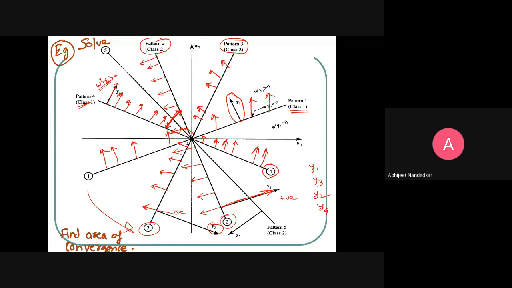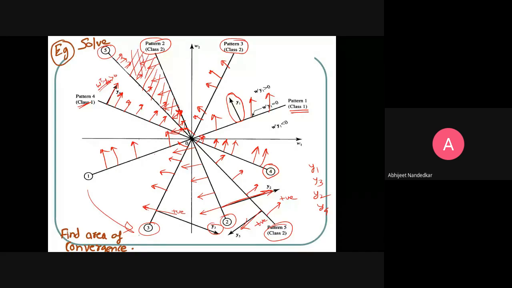Now one more is left, y5. y5 belongs to class 2 and the direction of y5 is this one. Since this is the positive direction, I want the negative direction, so I must search in this negative direction like this. So our solution is further squeezed and this is the common area that we were looking for.